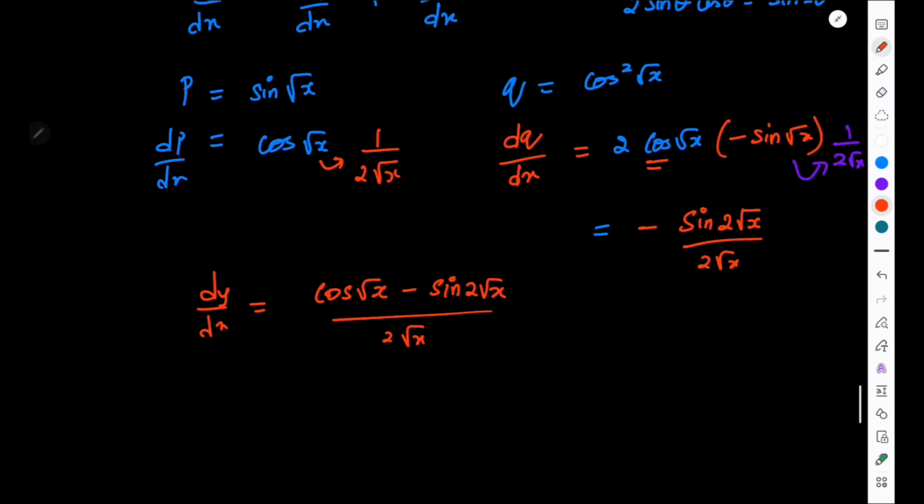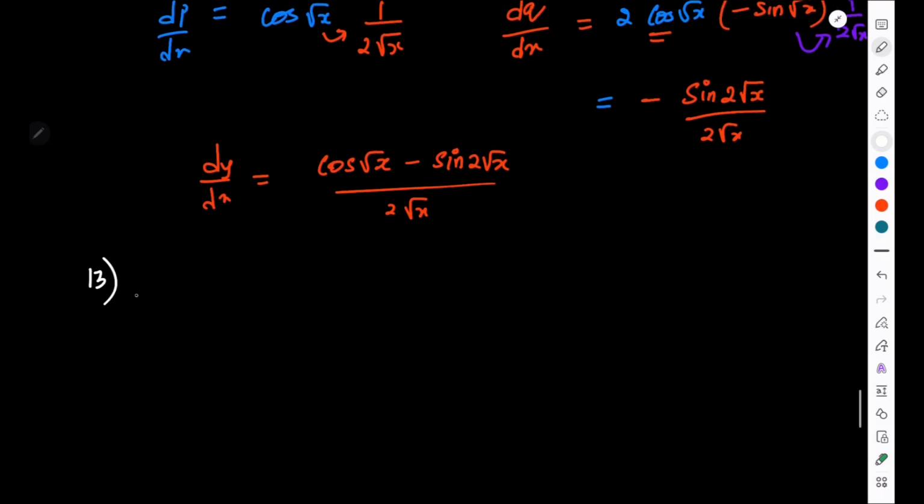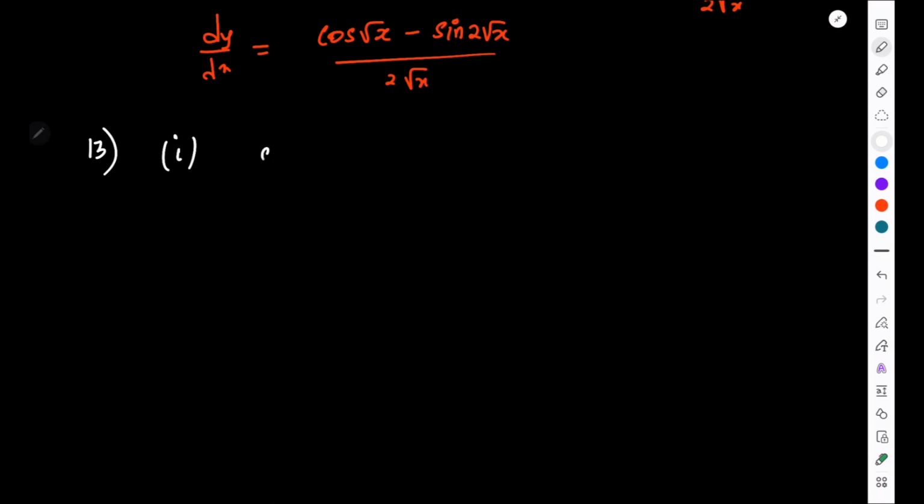Yes. Now let us proceed to the next question, the 13th one. So the 13th one we have is sine ax plus b divided by cos cx plus d. Again power, base, angle.